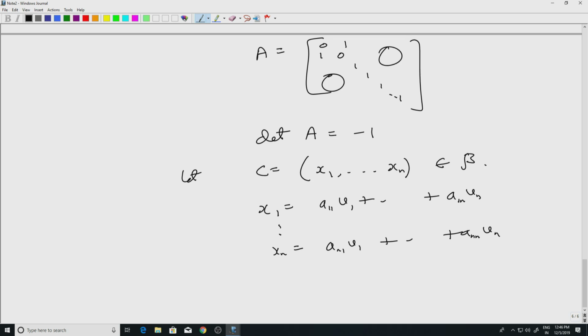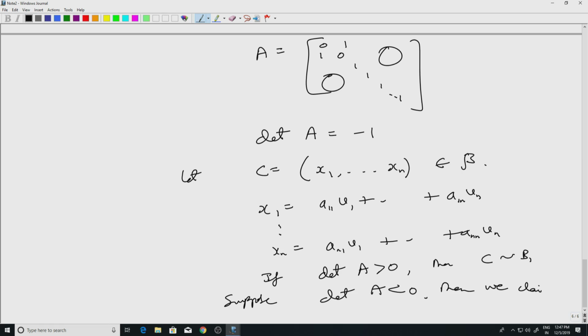Now suppose det A is positive, then C is equivalent to B1 by definition. Suppose that det A is negative, then we would like to claim that C is actually equivalent to B2.